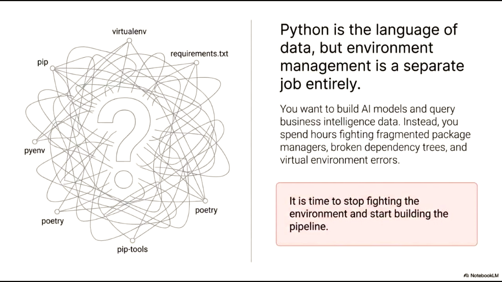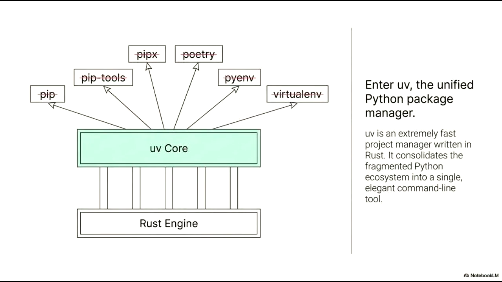We must shift our focus away from infrastructure hurdles and back toward the high-value work of data engineering and model deployment. The Python ecosystem has long been fragmented across various specialized tools, each managing a different aspect of development. UV is a unified Python package manager designed to consolidate this landscape. As the diagram illustrates, UV is built on a powerful Rust engine, providing exceptional speed and performance.